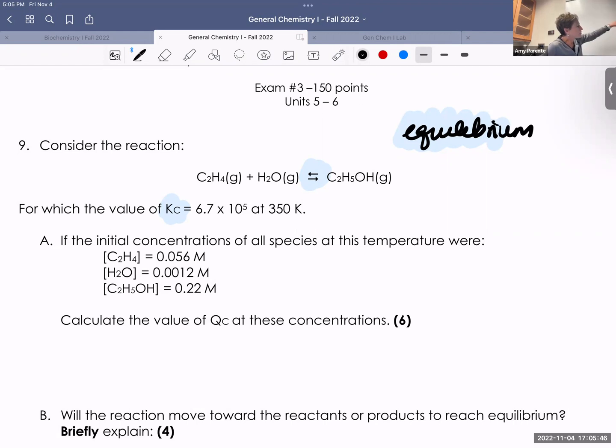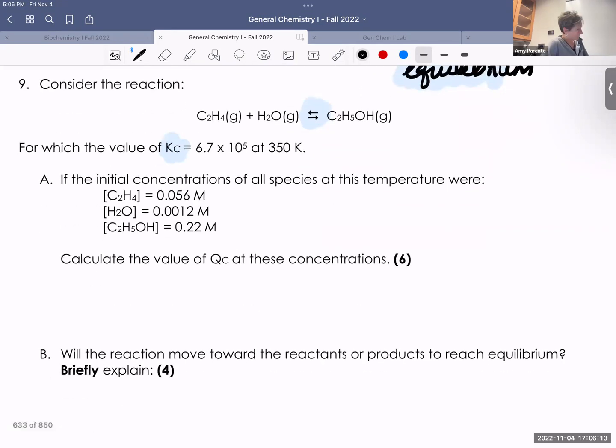So this problem actually walks us through kind of a Q versus K comparison, kind of some qualitative stuff that we're going to have here. And then we're doing a Q versus K comparison. And then we're going to do a Kp versus Kc interconversion. Okay, so you're going to see a flavor of this, which kind of mixes qualitative and quantitative pieces.